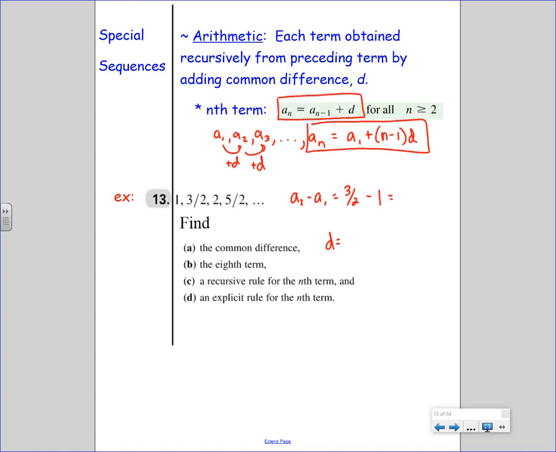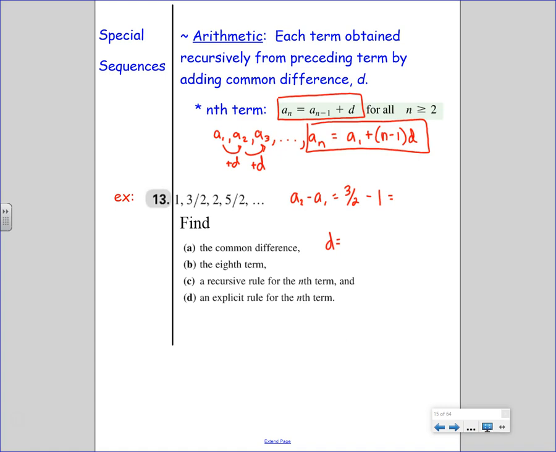The recursive rule, this is the recursive one. Each term is defined recursively. Isn't the recursive one implicit?